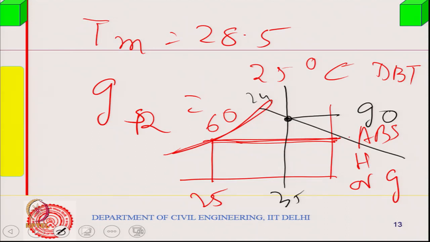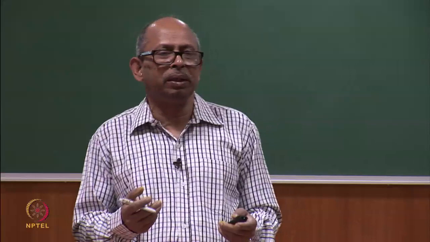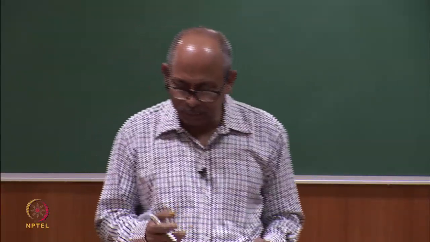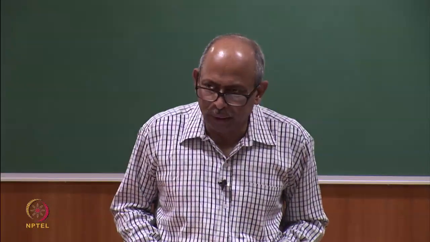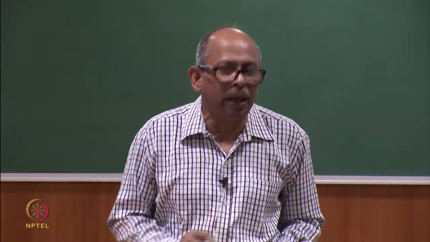You have to find this out from the chart. Did you find it from the chart? The order would be very small, 0.007 and so on, or 0.014 and things like that.